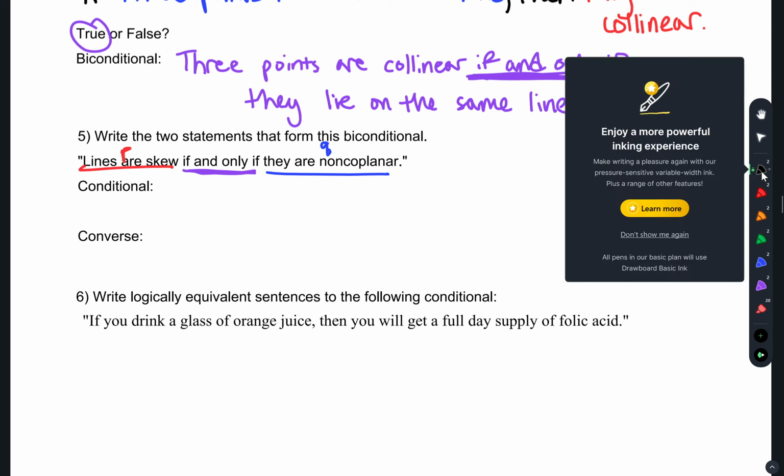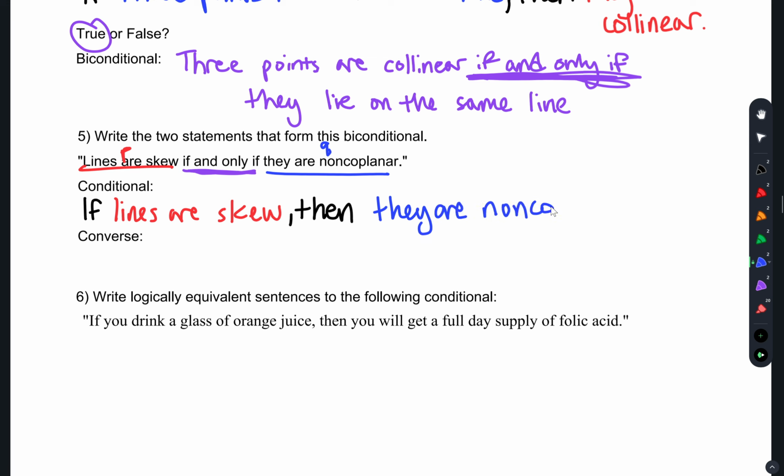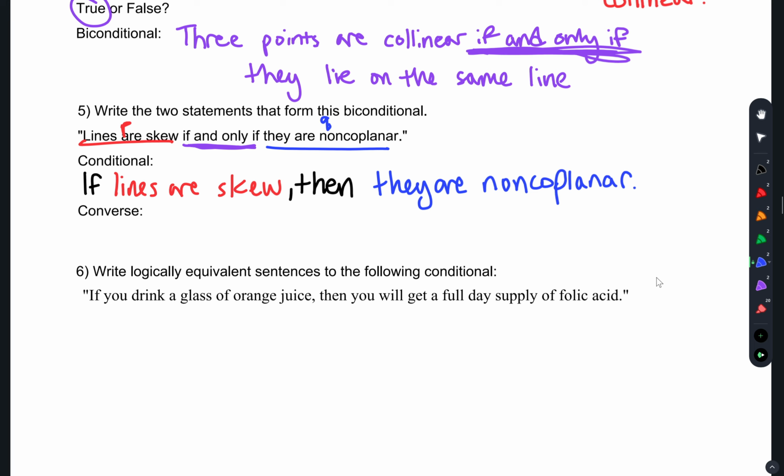So as an original conditional statement: if lines are skew, then they are non-coplanar. Converse, we're going to take that same exact thing and reverse it.